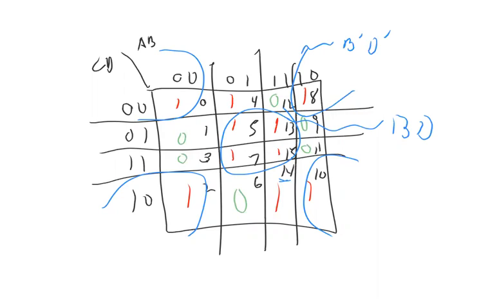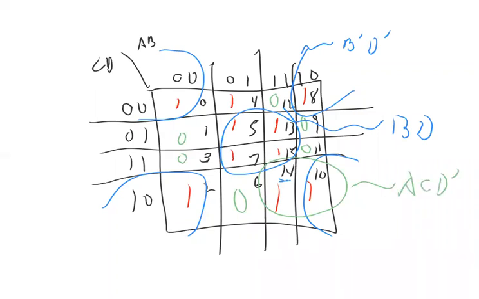You can either loop it with 14 and 15 or 14 and 10. That's exactly right. And what do you call the 14-10 loop? A, C, D prime. No, it's not B prime. A, C, D prime. Yes.